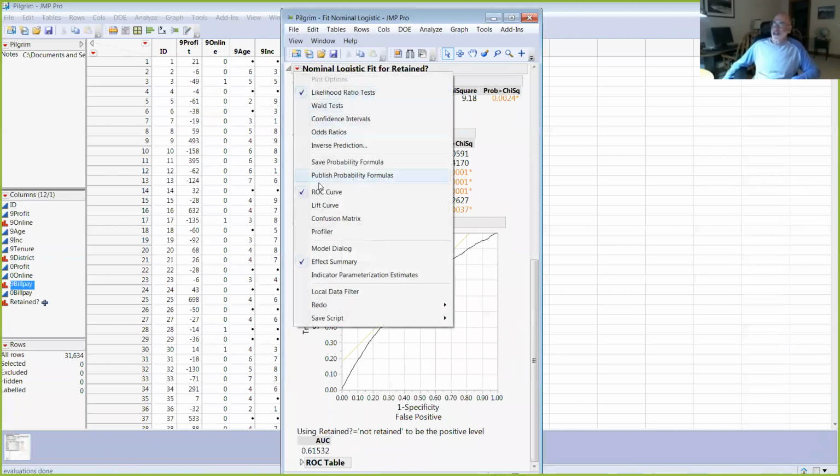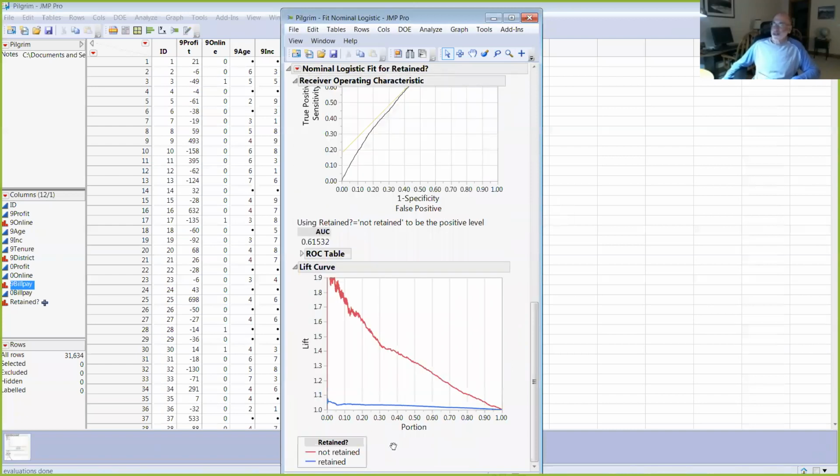If you look at the lift curve, you focus on the 10% of the customers with the highest probability of not being retained, you get somewhere between 16 and 17% of the customers that you lose. That's not really a great lift.